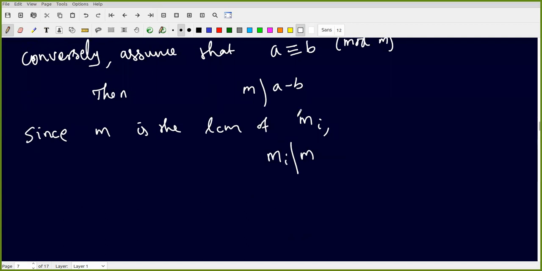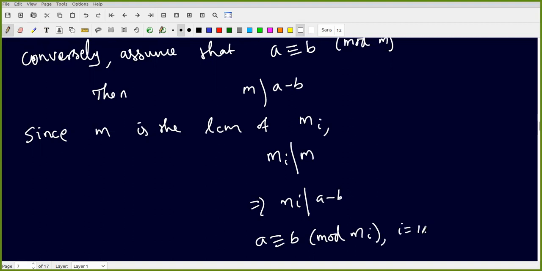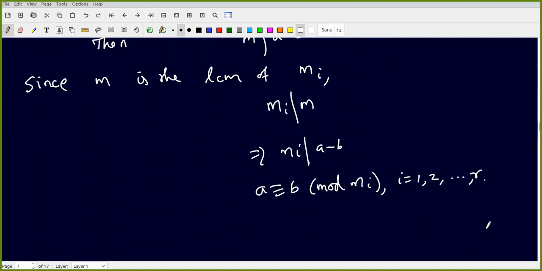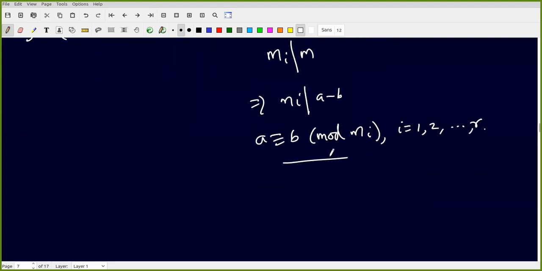By transitivity of divisibility, Mi divides M, which divides A minus B. So this implies Mi divides A minus B, that is, A is congruent to B modulo Mi, for i from 1, 2, etc., R. So that's the result.